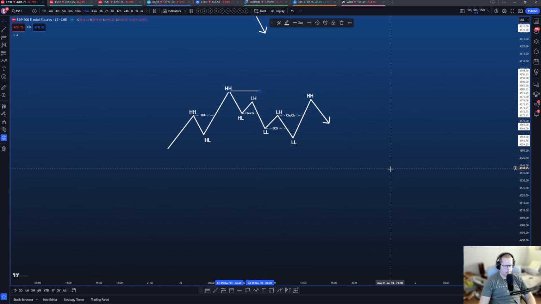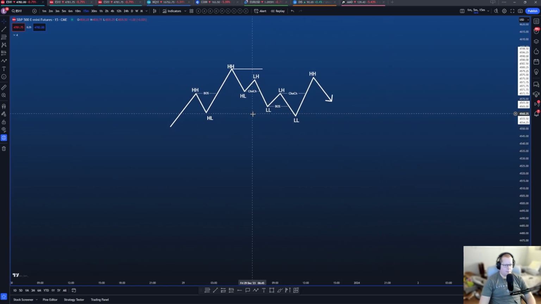And so we have a lower high. As soon as this starts curling down and breaks this low, then I know this is a lower high. This is a change of character because we changed from bullish market structure to bearish market structure.